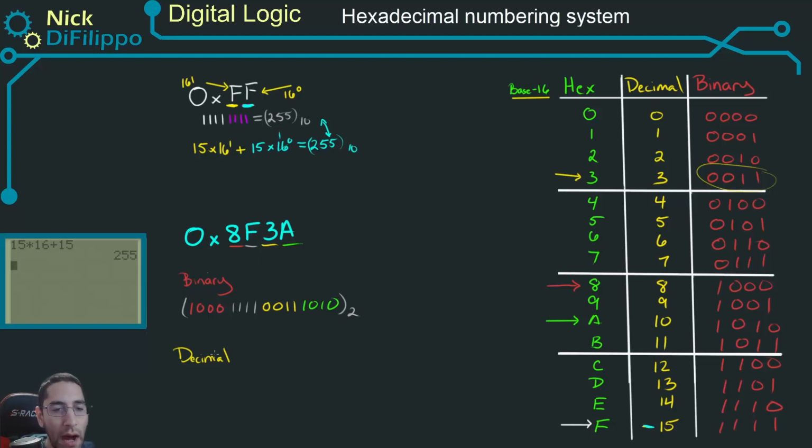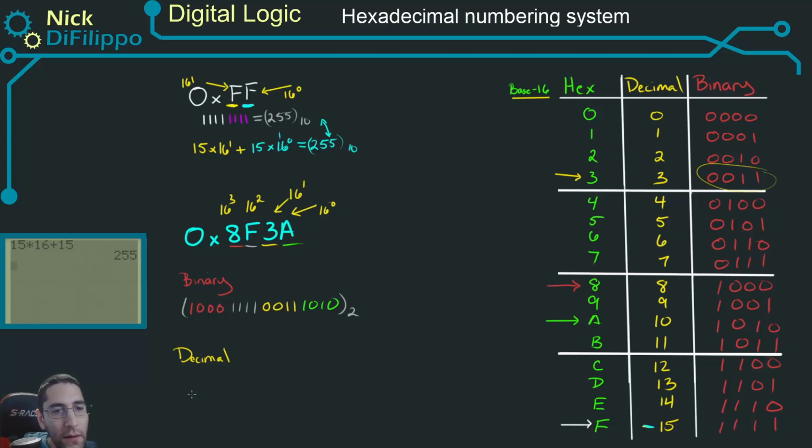Now let's look at how we convert it to decimal. Let's first figure out the positions: this is 16 to the 0, this is 16 to the 1, this is 16 squared, this is 16 to the third. Let's start with 16 to the third.